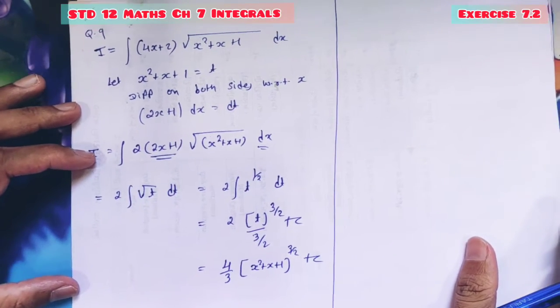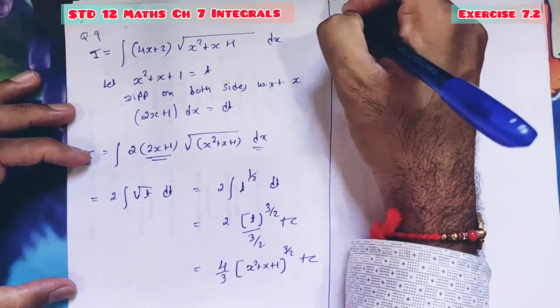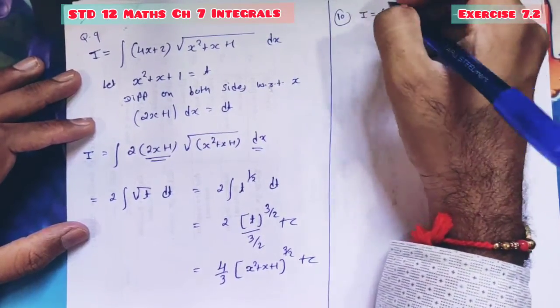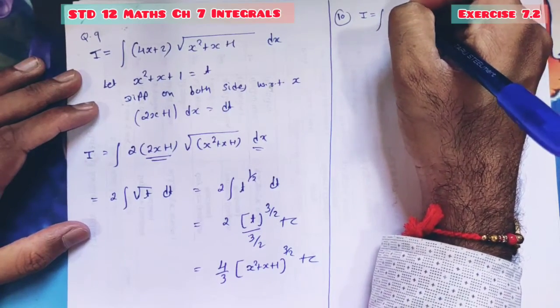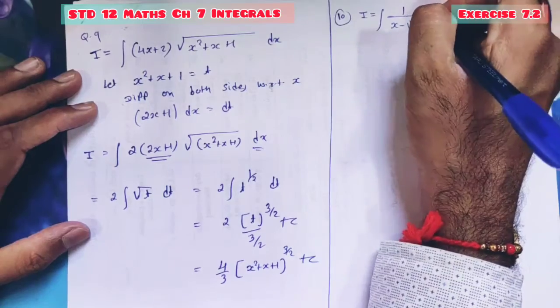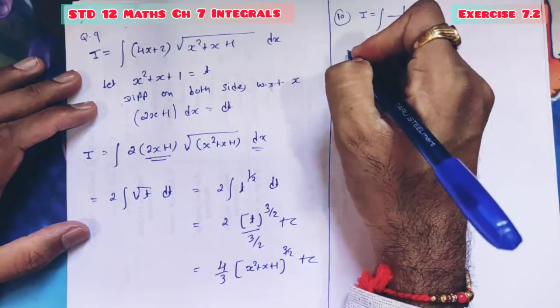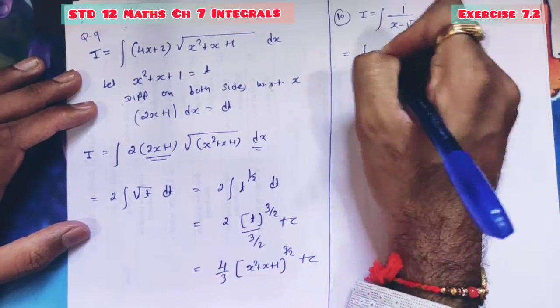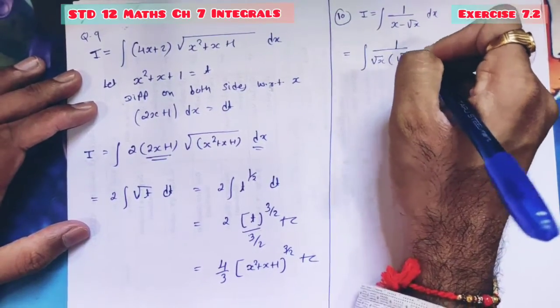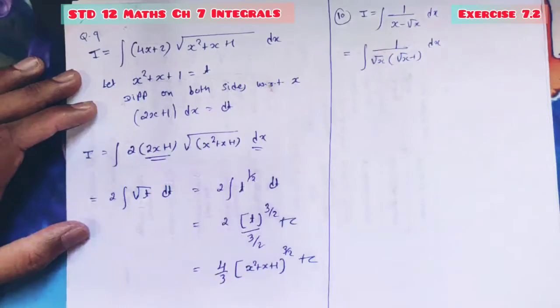Question number 10. I equal to the integration of 1 upon x minus square root of x dx. So for this integration, taking root x as common, we are having root x into root x minus 1 dx.